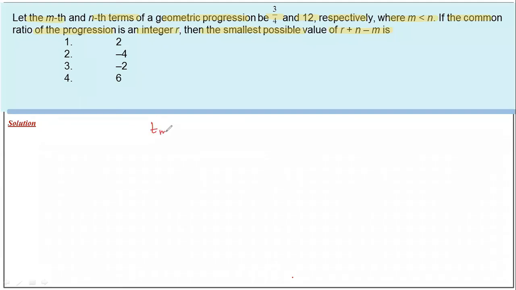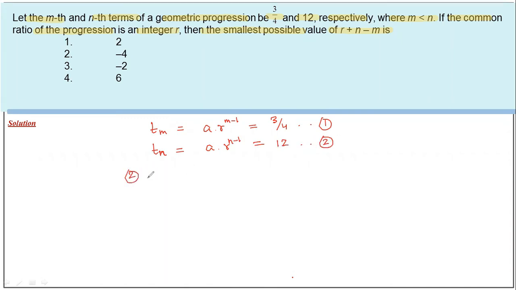Okay, so the mth term is given as a into r to the power of m minus 1, that is equal to 3 by 4. And the nth term is given as a into r to the power of n minus 1, that is equal to 12.